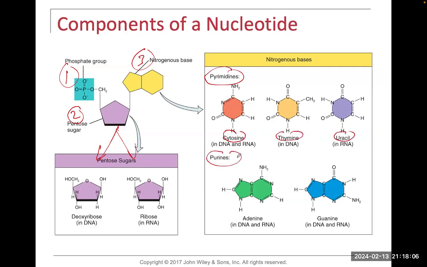And then we have two purines, adenine and guanine. So you can see the cytosine, adenine, and guanine are in both DNA and RNA. When you look at the thymine, it's only in DNA, and in RNA, the thymine is going to be replaced by uracil.